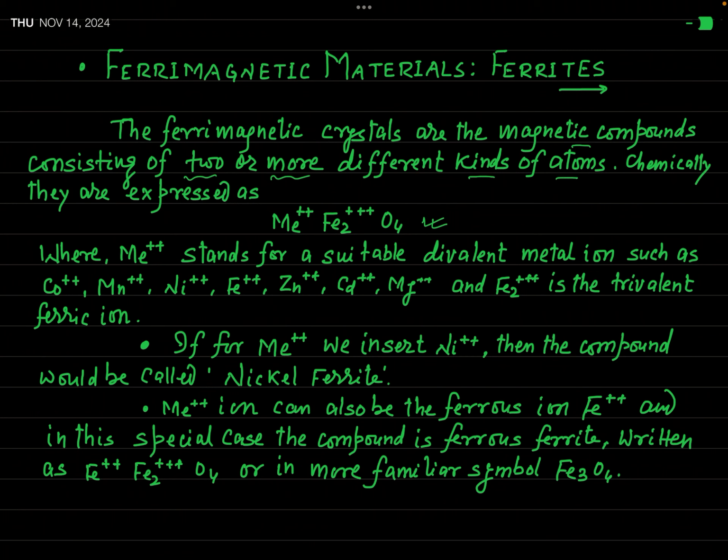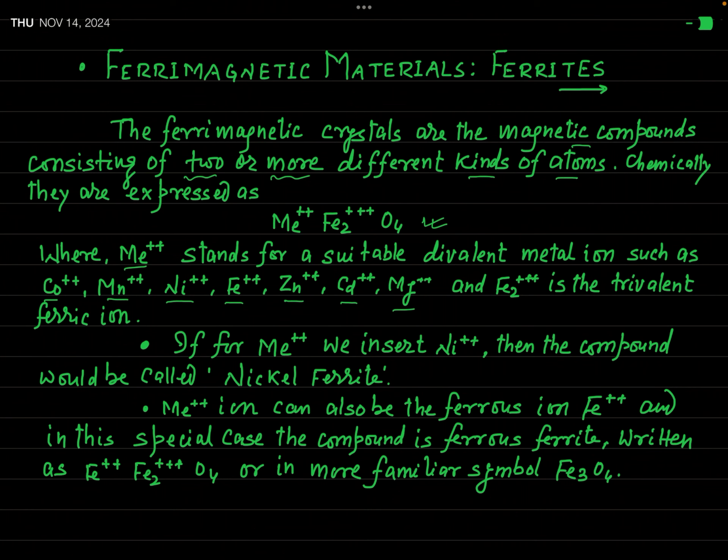In this formula, what is this Me2+? Me2+ is a suitable divalent metal ion. For example, Me2+ may be Co2+, Mn2+, Ni2+, Fe2+, Zn2+, Cd2+, or Mg2+. So Me2+ represents in general any divalent metal ion; I have mentioned some of those here.